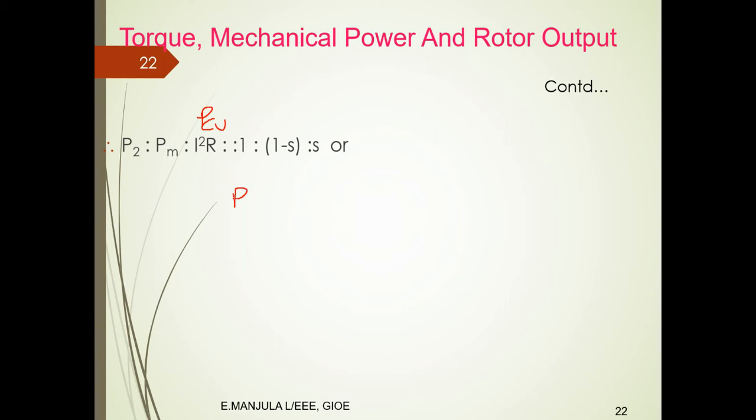That is, P2 is to PM is to PCU is equal to 1 is to 1 minus S is to S. Okay, so this is an equation.